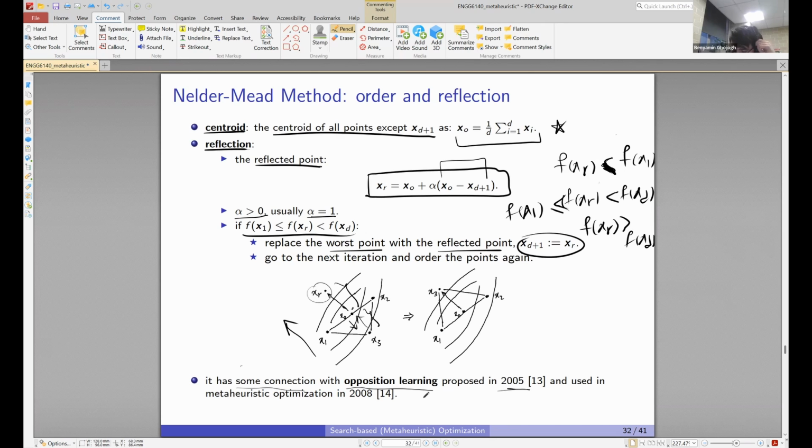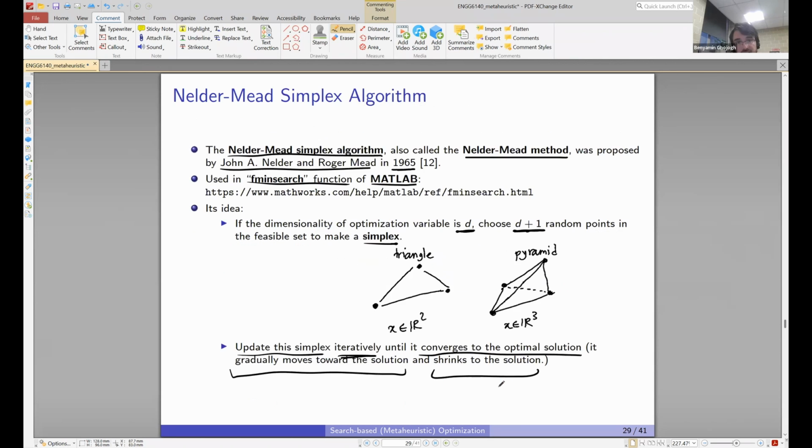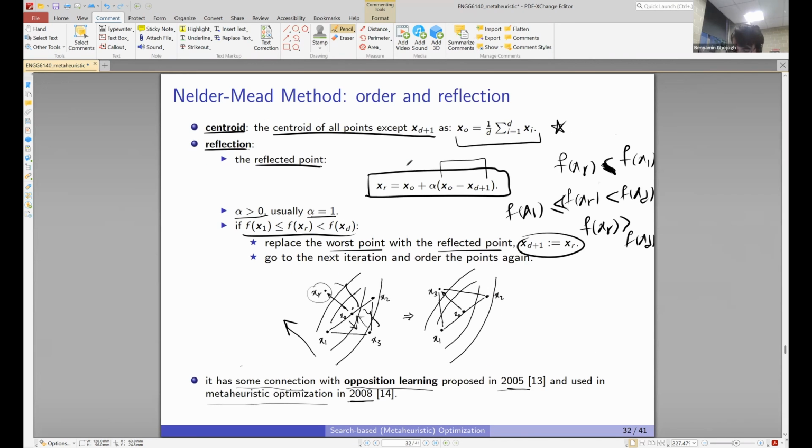Also, opposition learning has been used in metaheuristic optimization in differential evolution in 2008. By the way, these were proposed after the Nelder-Mead algorithm, which was proposed in 1965. But I'm saying that there is some relation to opposition learning. And what is opposition learning? It says that whatever you learn, learn its opposite too. So as you see, it's reflecting, it's having the opposite of that. So it's slightly related to that too.